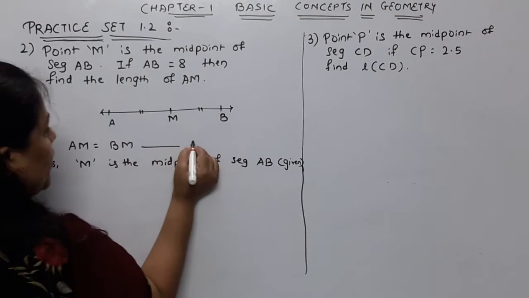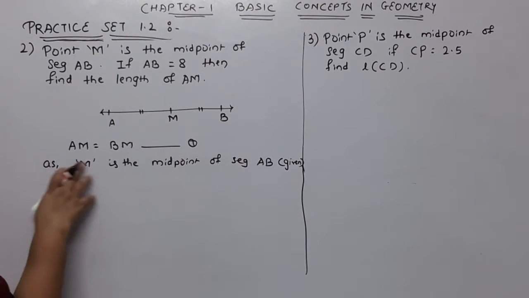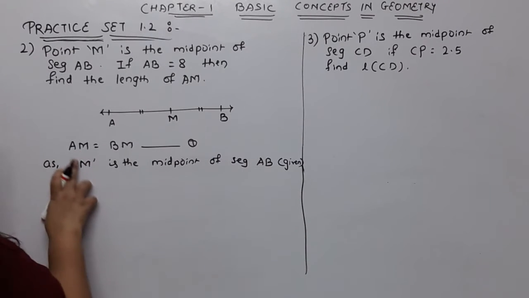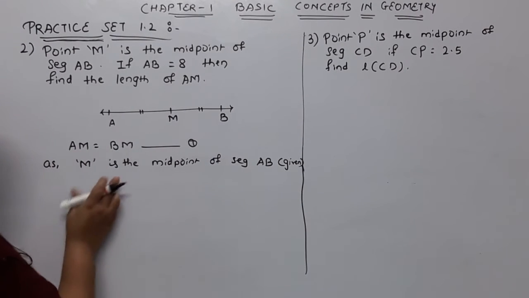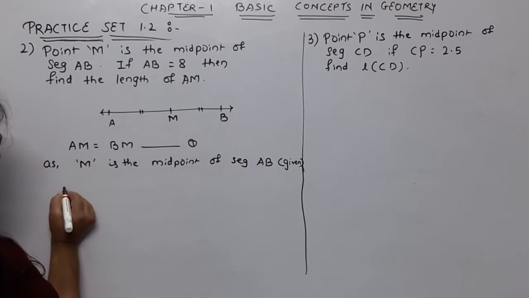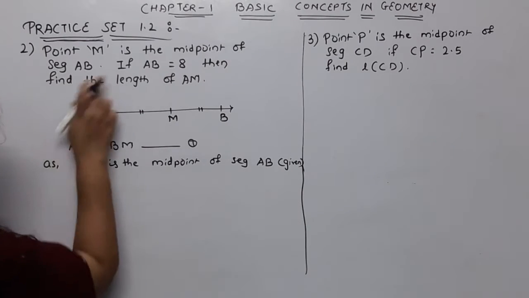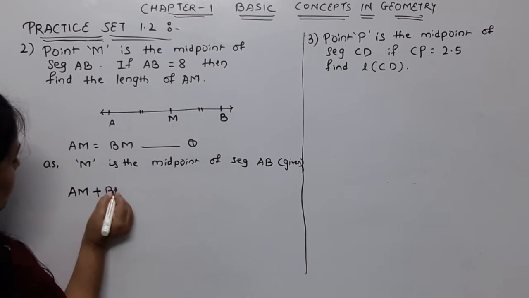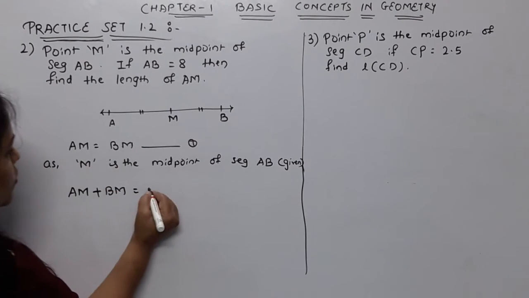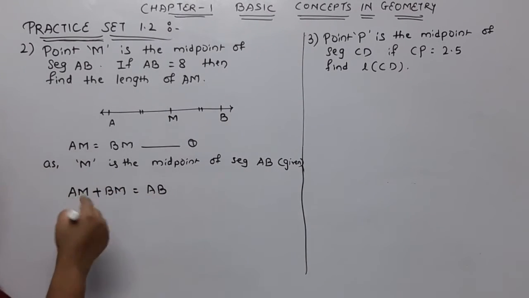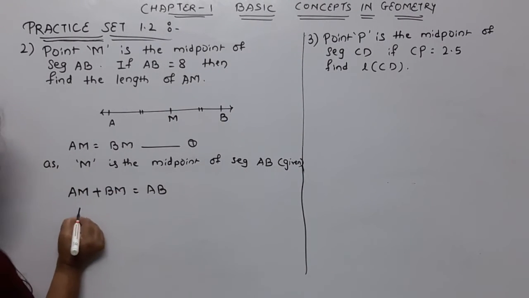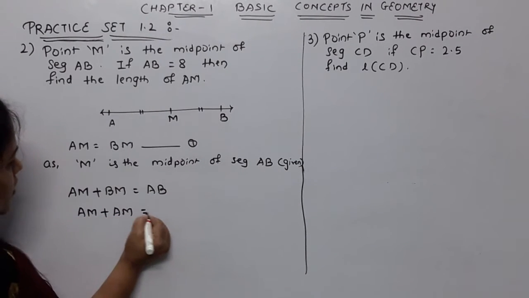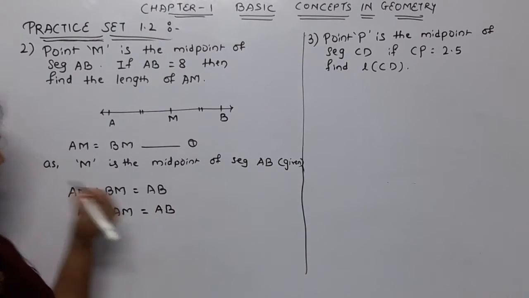AM is equal to BM, that is our equation 1. Because of this property, AM is equal to BM. Now if the segments are equal, then we can write AM plus BM is equal to AB. Now I can write twice AM, that is AM plus AM, is equal to AB.